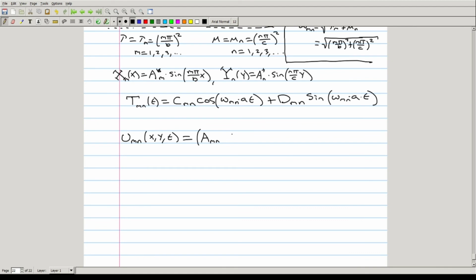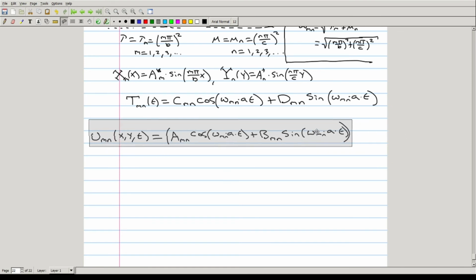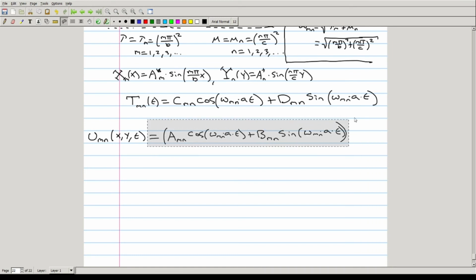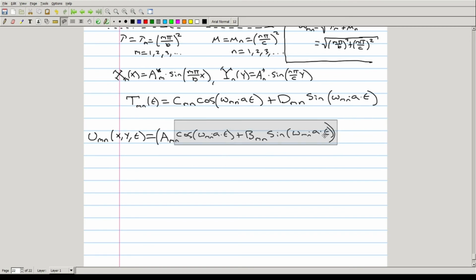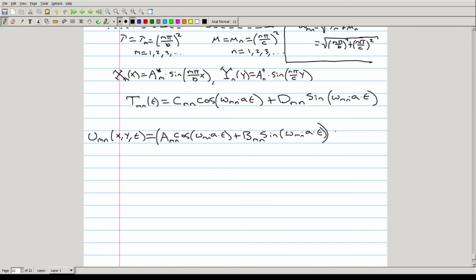It's going to be a mn cosine of omega mn times a times t plus b mn times sine of omega mn times a times t, times sine of m pi over b times x, times sine of n pi over c times y.